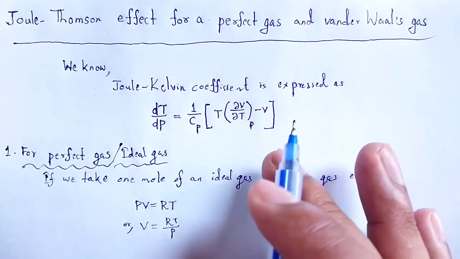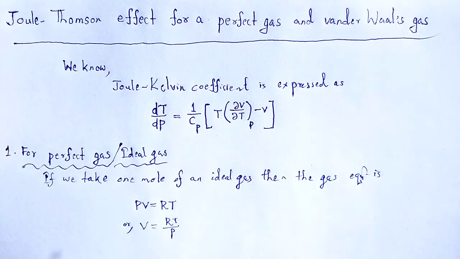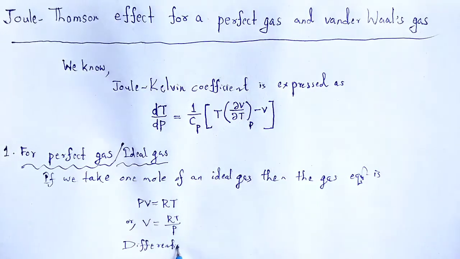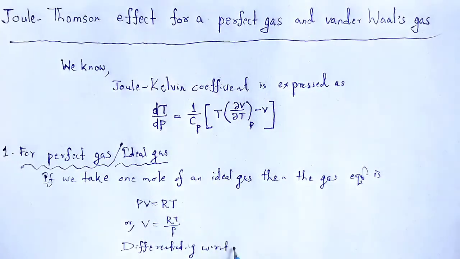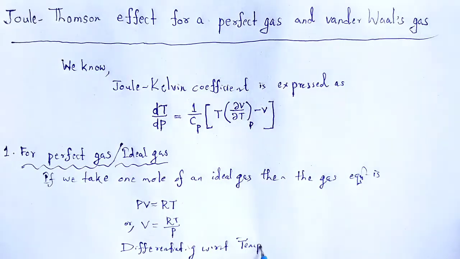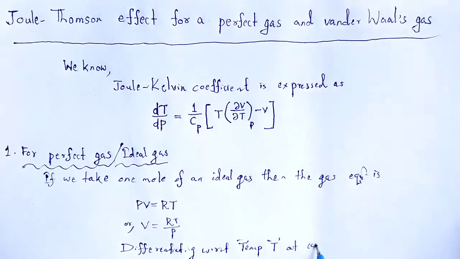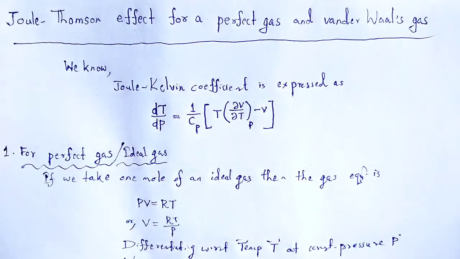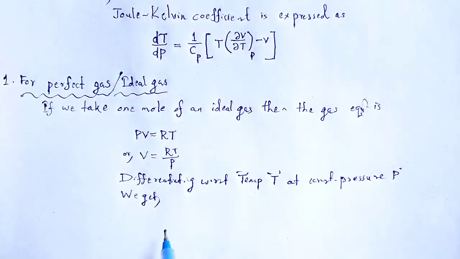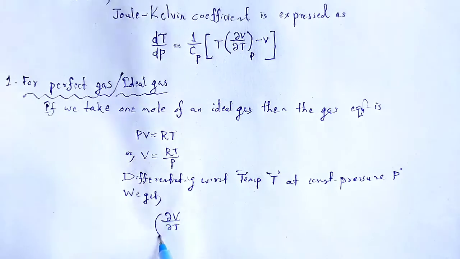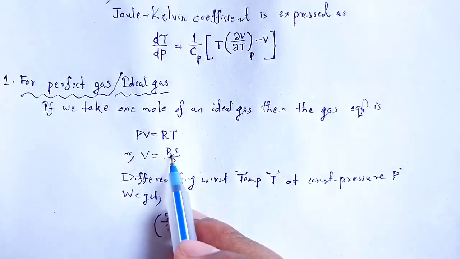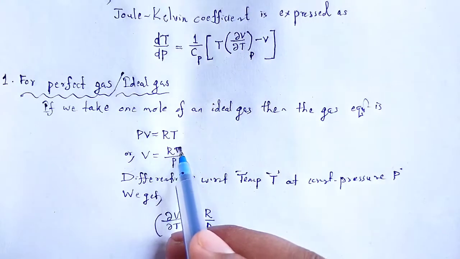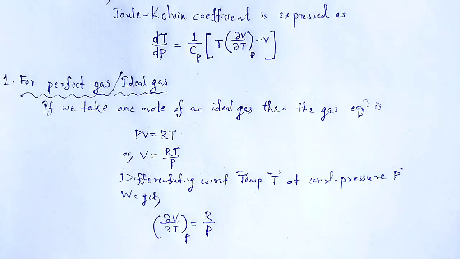Now differentiating with respect to temperature T, taking pressure as constant, we get del V by del T at constant pressure is equal to R by P. Differentiating with respect to T, this is the value of del V by del T at constant pressure.